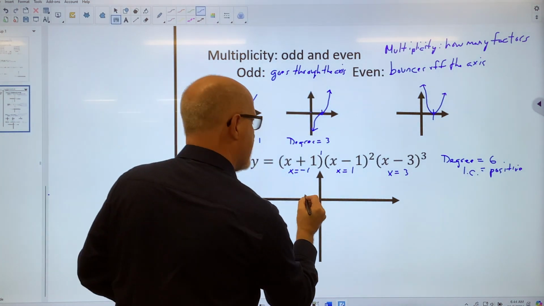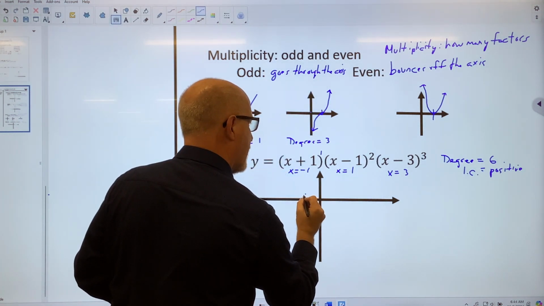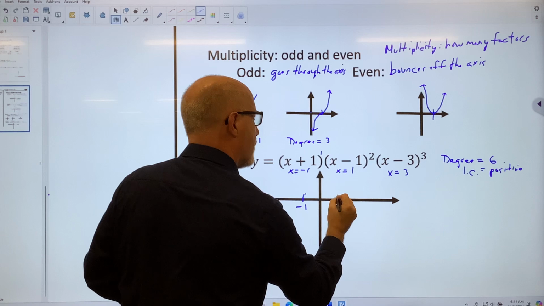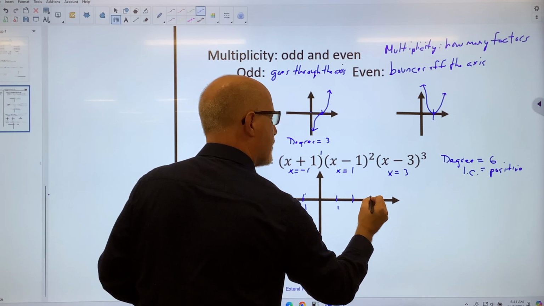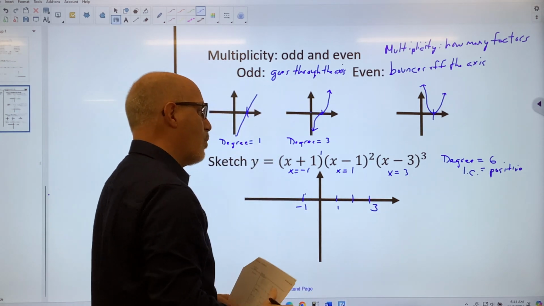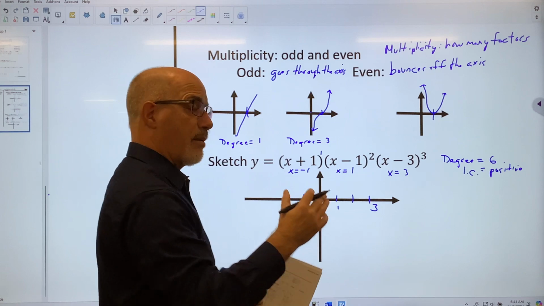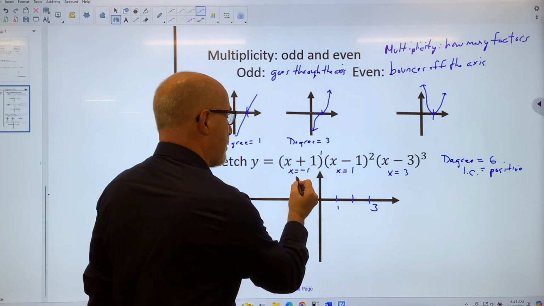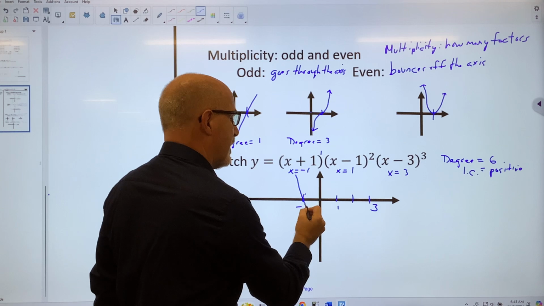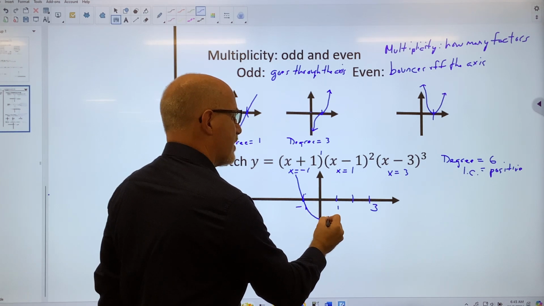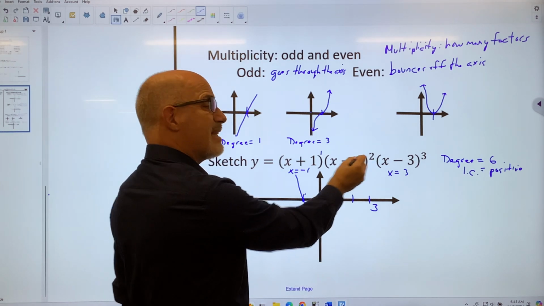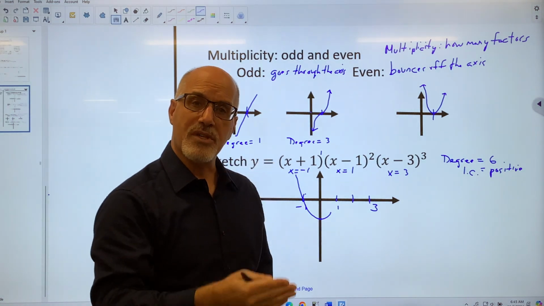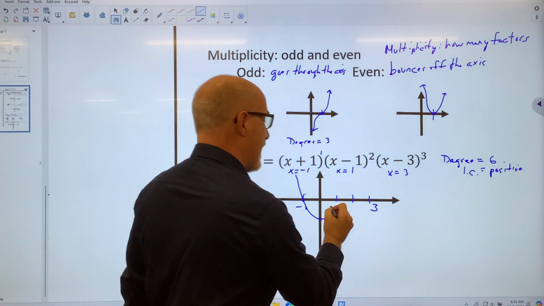So it's going to start up and end up as well. Well, let's look at these numbers here. It's going to go through -1. It's going to go through 1, and it's going to go through 3. Now, remember, it both starts up and ends up. So it's going to start up and come down through -1. Then it's going to come over to 1 here, and notice that's a 2. So it's going to bounce off of that factor.